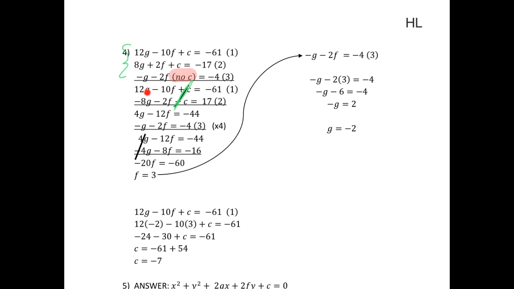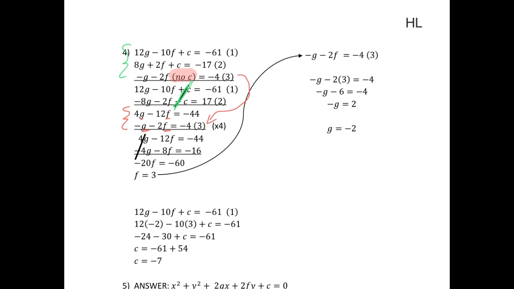Adding these two equations together, we see that our c's cancel, and we have 12 minus 8 gives us 4g, minus 10 minus 2 gives us minus 12f, minus 61 plus 17 gives us minus 44. Then we take down our third equation to here, and we have two equations now that have just g and f in them.